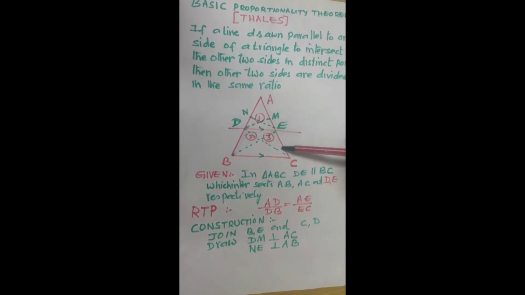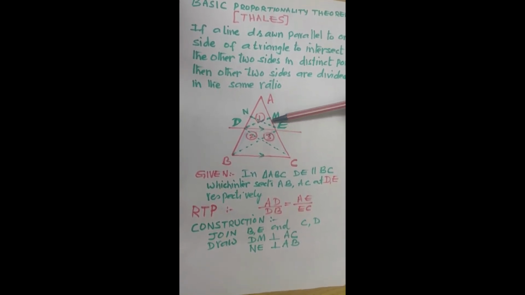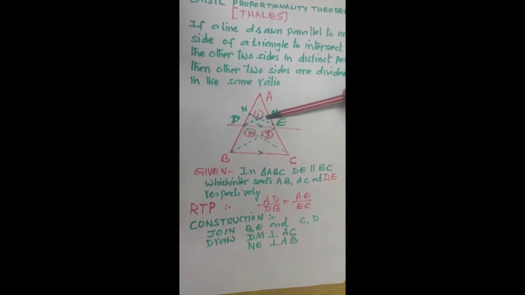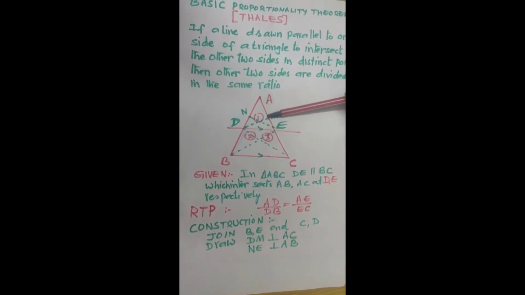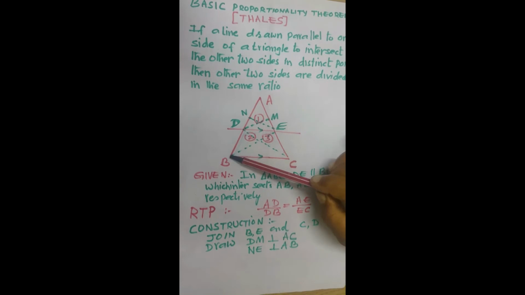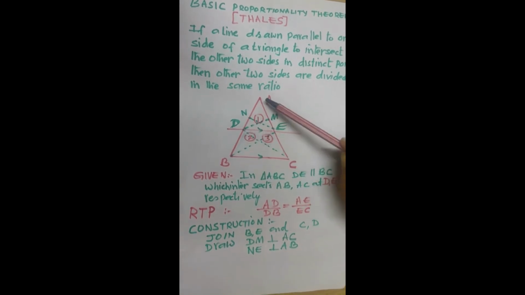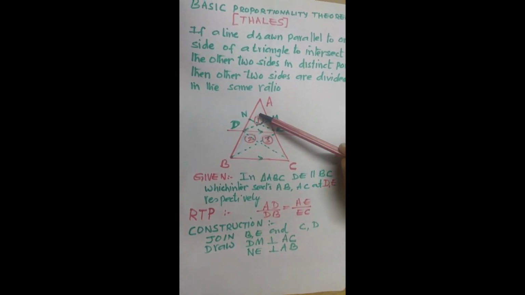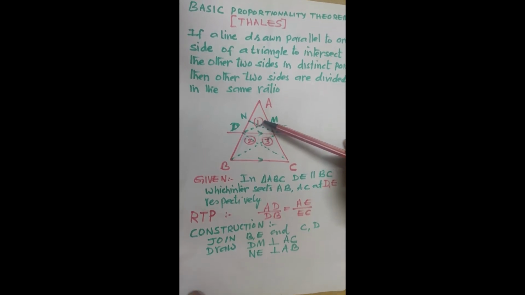AC is this line and the perpendicular is DM, this is DM, 90 degrees, perpendicular to AC, or you can say AE also. And similarly, NE is perpendicular to AB, or you can say AD also. So here it is useful to calculate the area of the triangle.